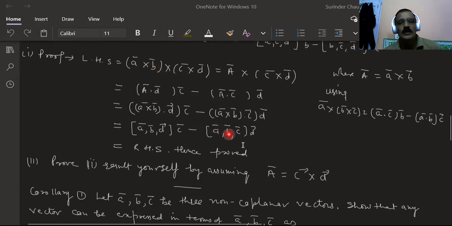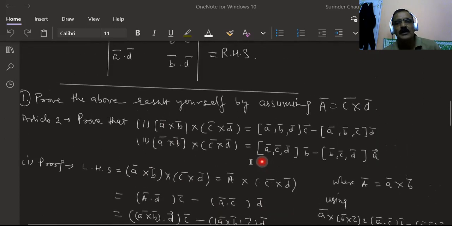You can prove this result by assuming C cross D as a vector, because C cross D is equal to capital A vector. The resultant vector will be coplanar to A and B. So these results are important.